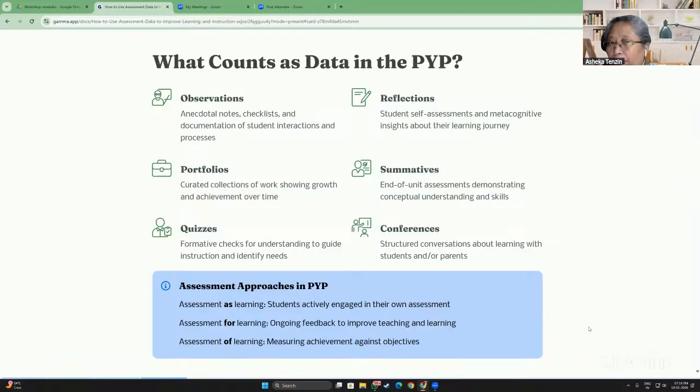All right. Another type of data would be portfolios. You collect different student work where you can see growth and achievement over time. The portfolio will have student work as and when the student is doing tasks based on concepts, content or skills.